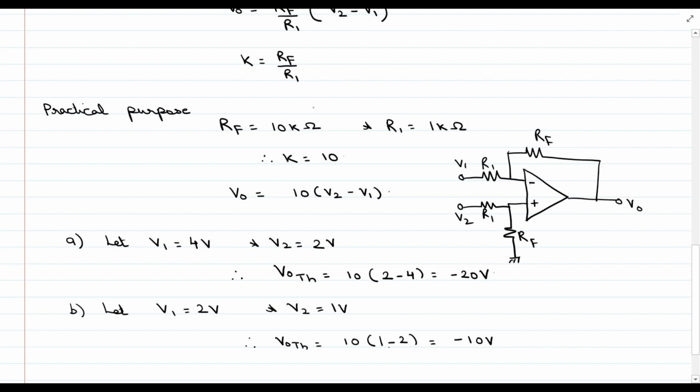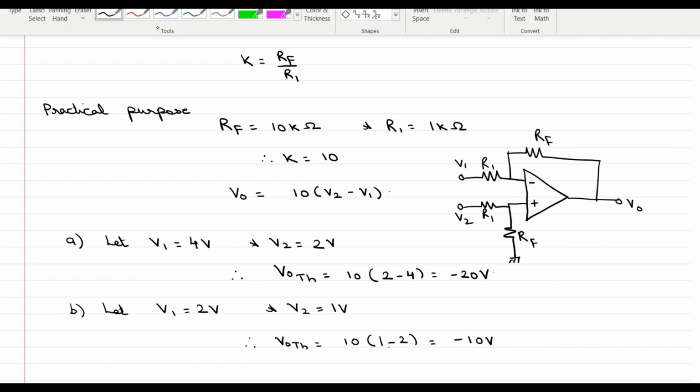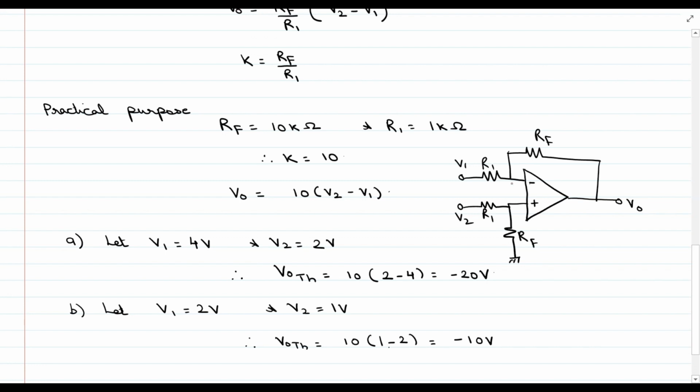Pins number 2, 3, 6, plus VCC, that is 15 volts at pin number 7, and minus VCC, that is 15 volts at pin number 4. So this circuit we have to implement.